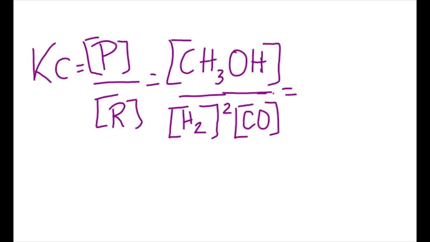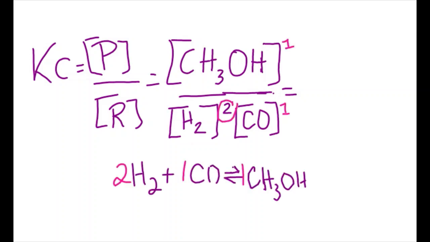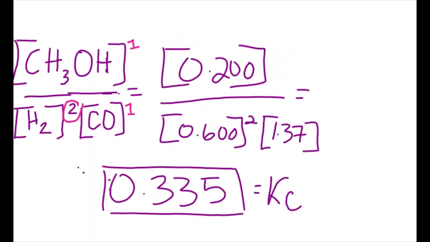Now that we have our equilibrium concentrations, we can solve for Kc. With Kc equaling the concentration of products over the concentration of reactants, our Kc expression is the concentration of CH3OH over the concentration of H2 squared times the concentration of CO. Note that the 2 exponent on H2 comes from the coefficient in the chemical equation given to us, with CH3OH and CO having their own implicit coefficient and exponent of 1.